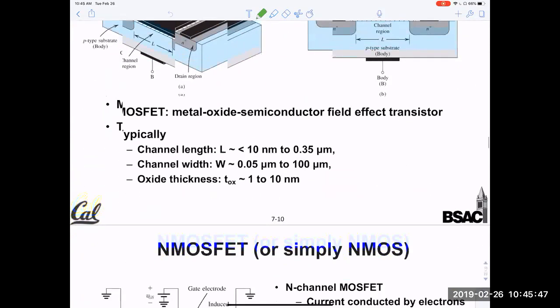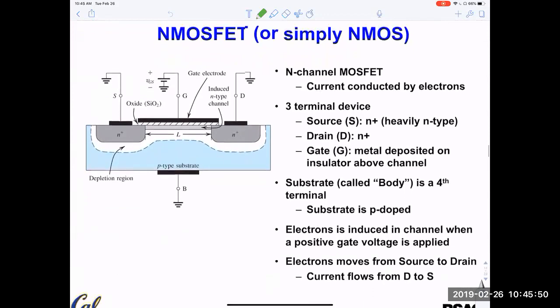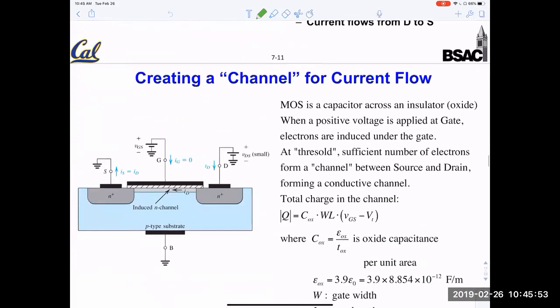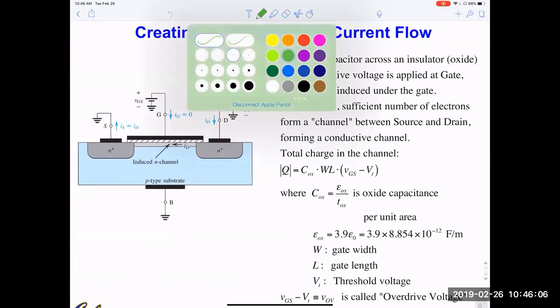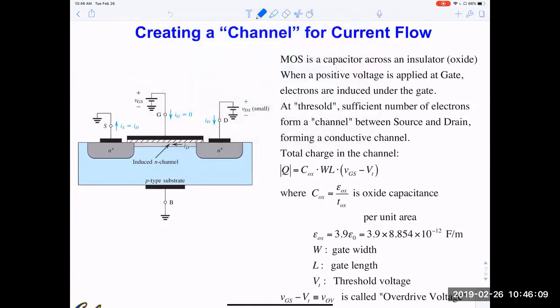But I want to talk about this variable conductance here. So this is the picture like the MOS capacitor we just mentioned. So when the voltage VGS is greater than the threshold voltage VT, we enter the inversion region.